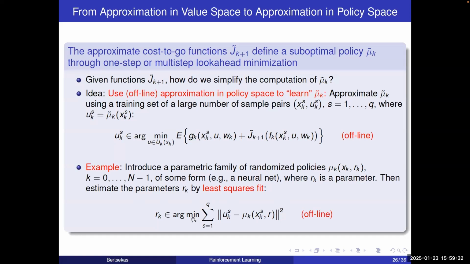So we try to find an r such that, again, if you think of it as a neural network, you try to have this neural network generate as closely as possible the control u at the sample state point.